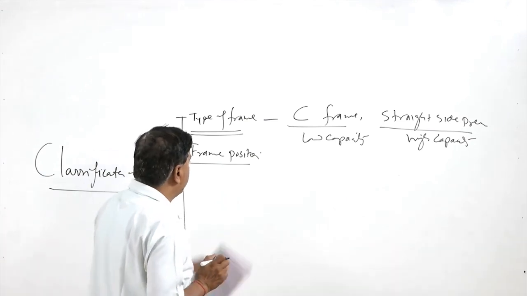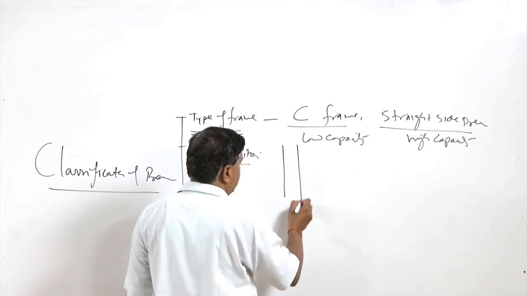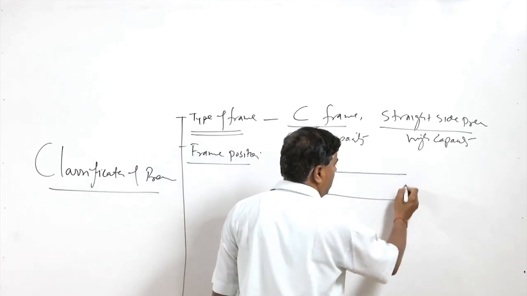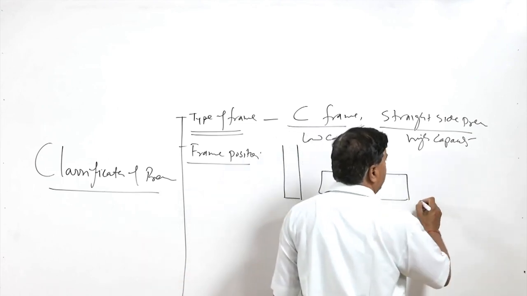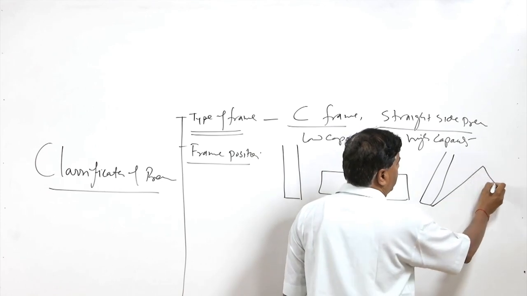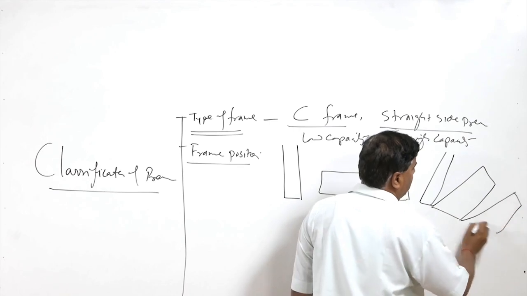So, the frame can be oriented vertically like this, it can be oriented horizontally, or it can be inclinable, which means it permits setting the frame position at different angles like this.